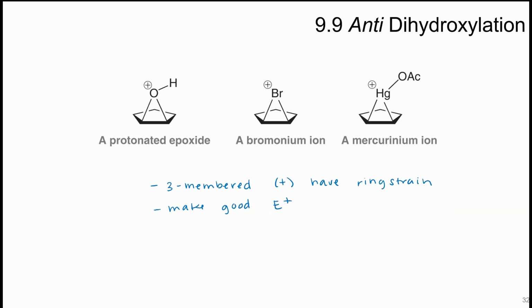So they're good electrophiles, and they yield anti-products. The anti-products are due to the nucleophile attacking from the opposite side of the leaving group. So this is considered the leaving group. This is the leaving group and the leaving group here.